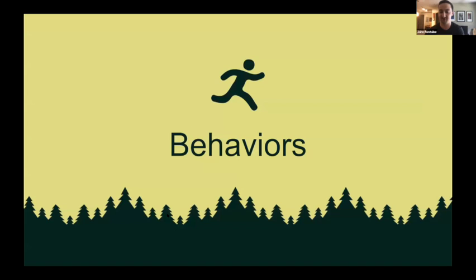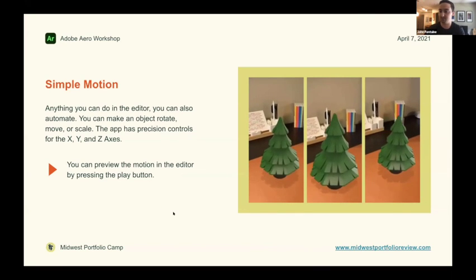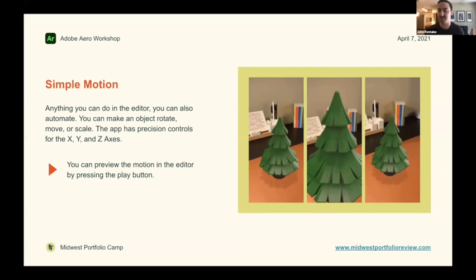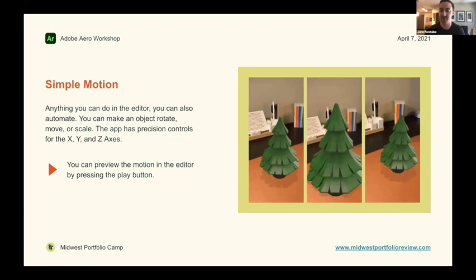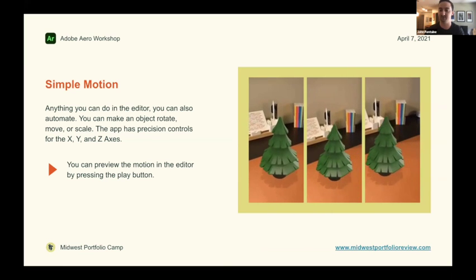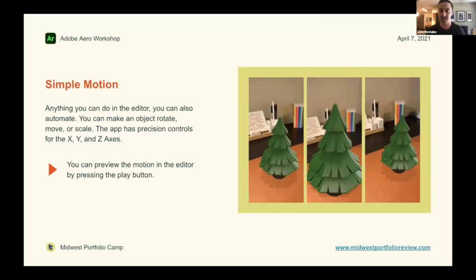Speaking of behaviors, there are a wide variety of them at launch that are all very different and interesting. The most simple ones are basically anything you can do in the editor, you can also automate. And so that means you can make an object spin, you can make an object grow, and you can make an object move to a specific point, all using the behaviors inside of the Adobe Aero menu.